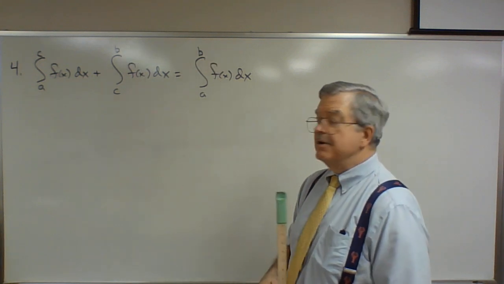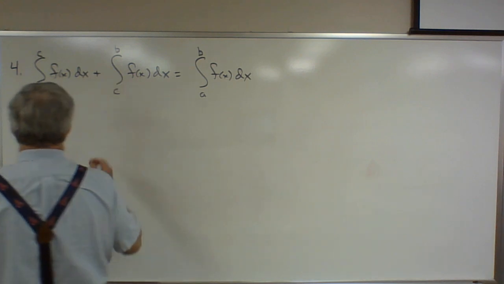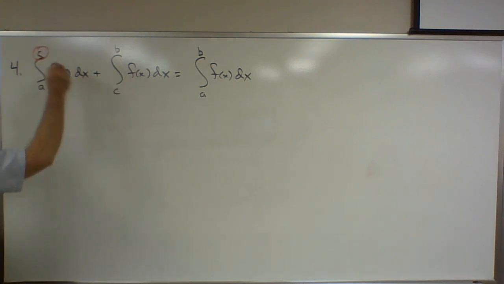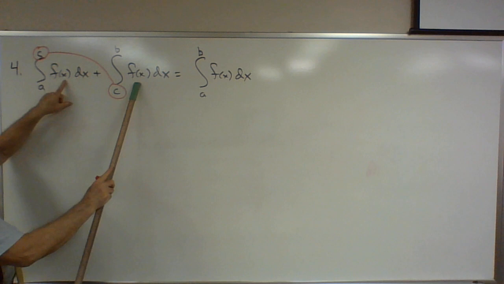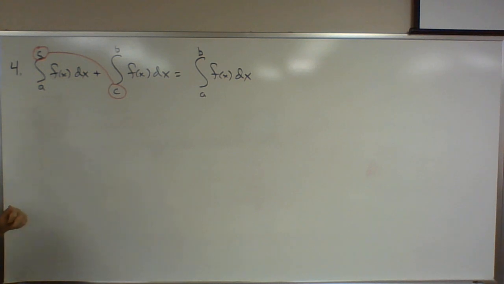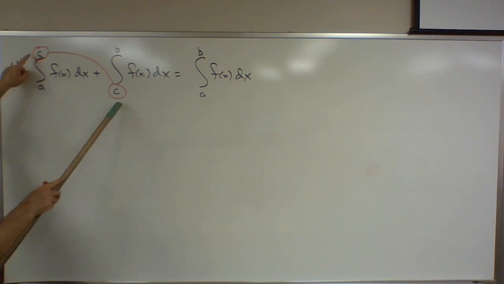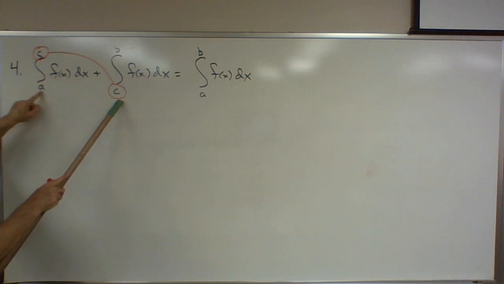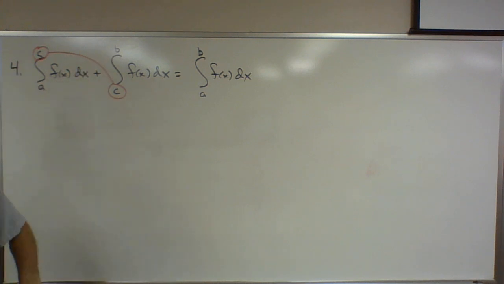And notice here, the upper limit of the first and the lower limit of the second are the same. Notice also that the function is the same. In each case, we're integrating f of x. And what do we get? Well, we get one integral. We cut out the middleman c, and we integrate from a to b.